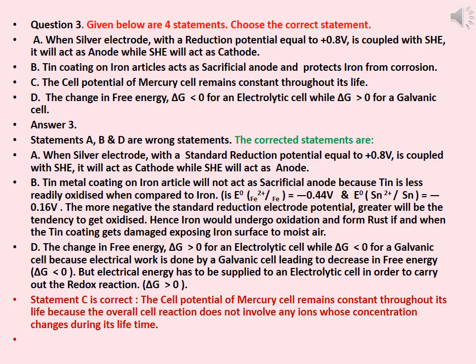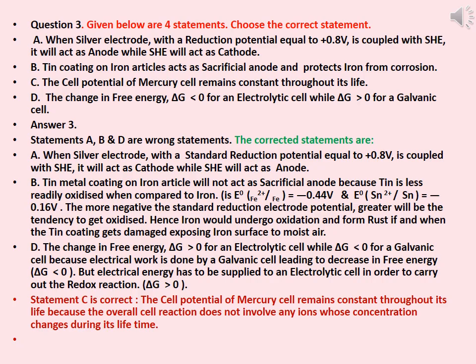Statement C deals with mercury cell, which is a secondary cell, and statement D deals with free energy changes taking place in an electrolytic cell and in a galvanic cell. Statements A, B, and D are wrong statements. They are incorrect. The corrected statements I have given here.